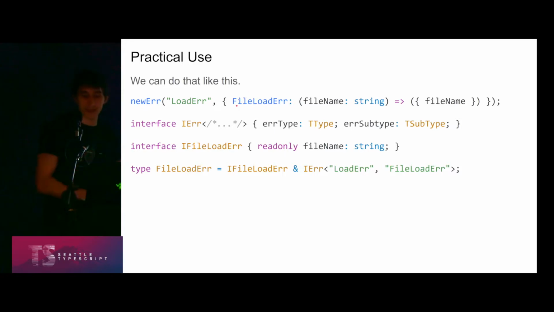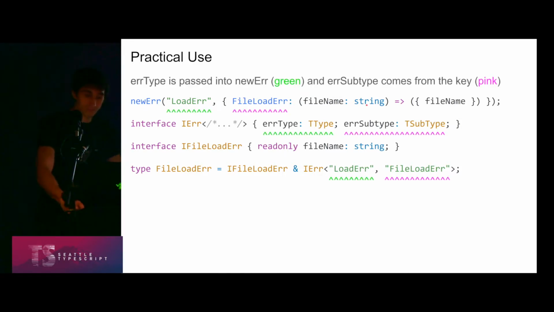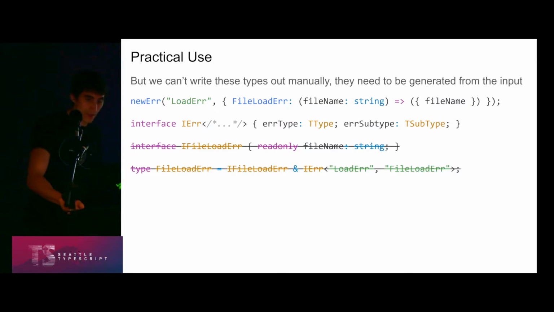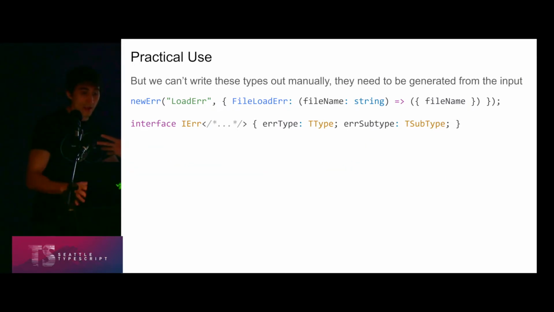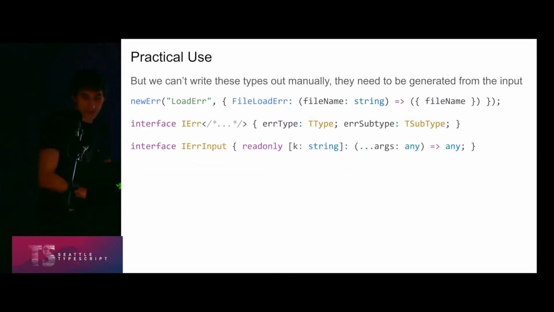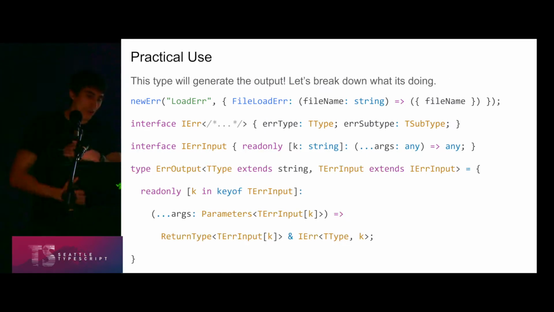We want to generate that automatically. So we're going to get rid of those, and we're going to add our input. This is what we're actually dealing with, and a mapped type which can extract data from the input and map it to the return values we actually want.